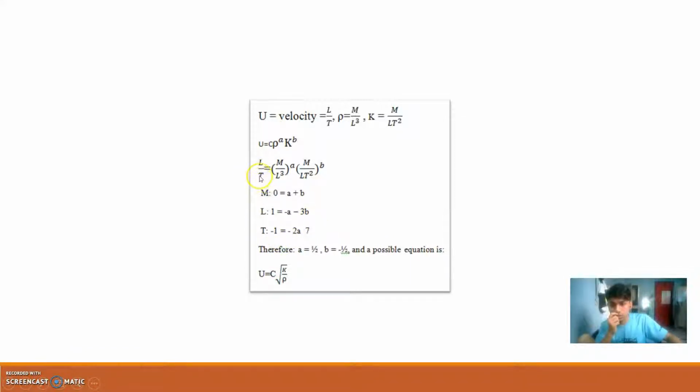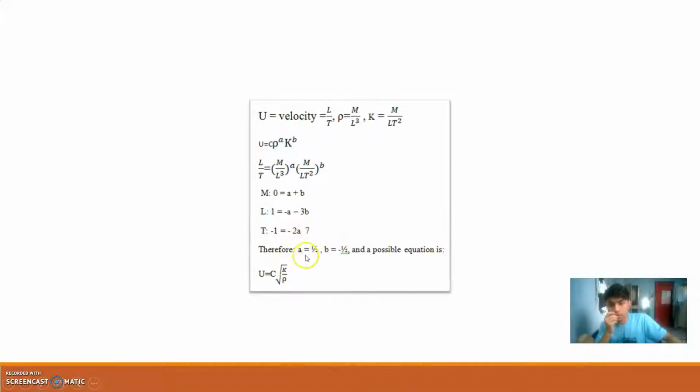Then for T, -1 here, and we have no T here, but here we have -2b. So the T value is negative. So for b, we will get -1 over -2, so we will get 1 over 2. So b is 1 over 2, not -1 over 2.